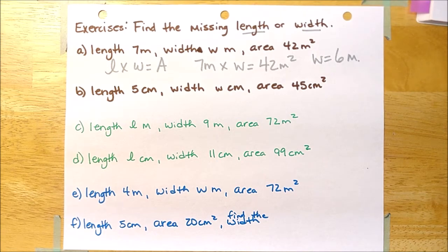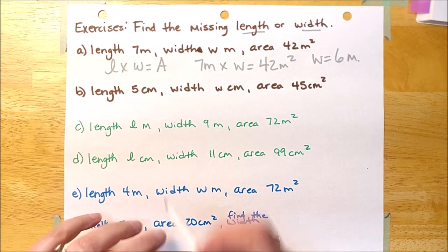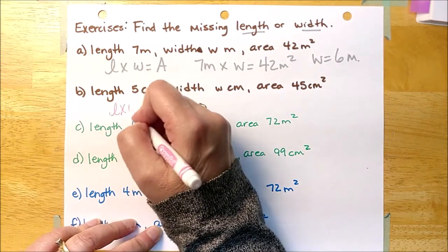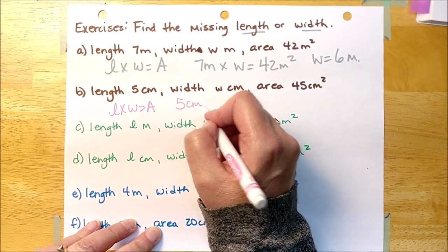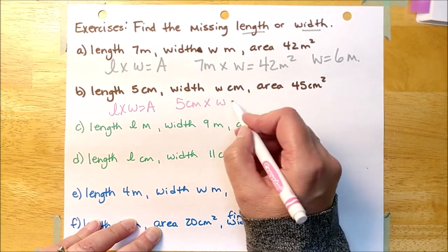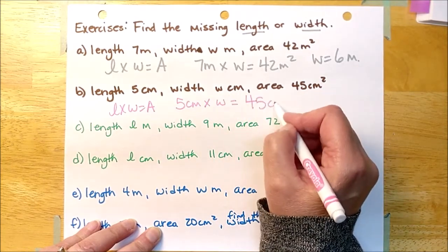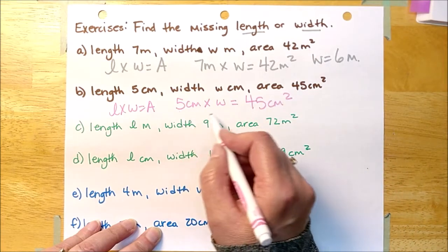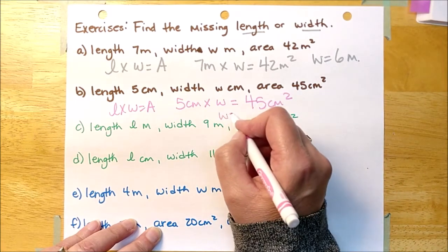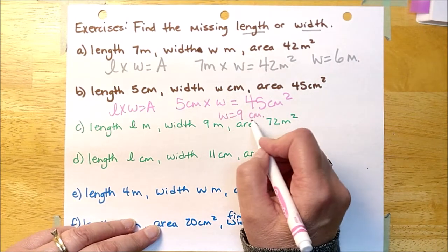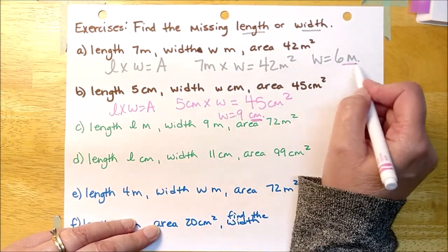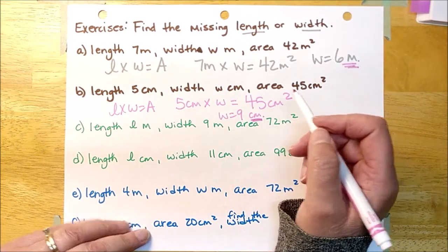Okay, you're back. Awesome. And for this one, length times width equals area. We know our length. Our length is 5 centimeters. We don't know what our W is, and it's going to equal 45 centimeters squared. So 5 times 9. So that would be 9 centimeters. Don't forget to put these letters behind there, these symbols for the unit of measure.